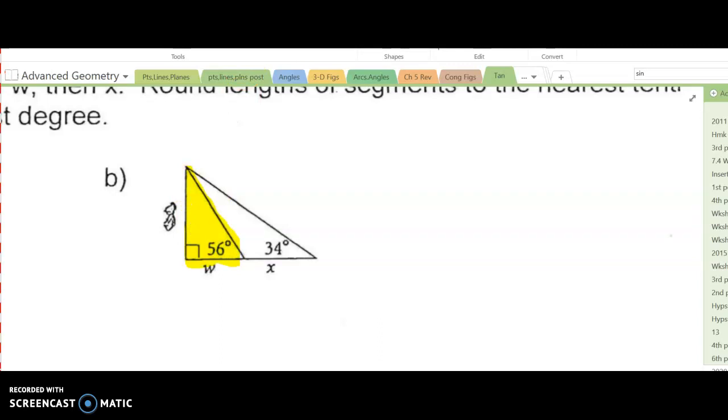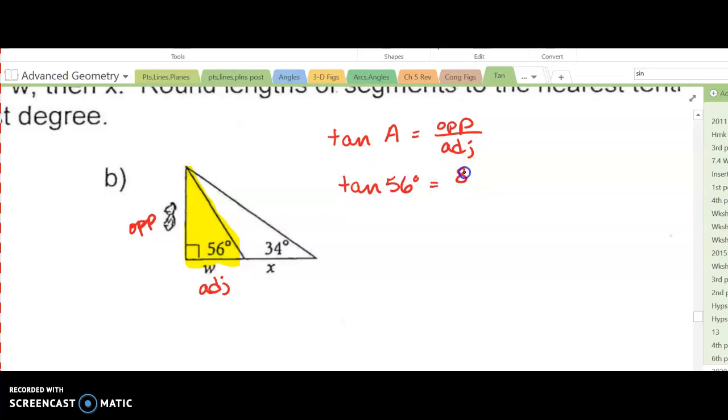I'm going to start with the inner triangle, that yellow triangle, and solve for W. So this is opposite, this is adjacent, so tan A equals opposite over adjacent. So tan 56 degrees equals 8 over W.